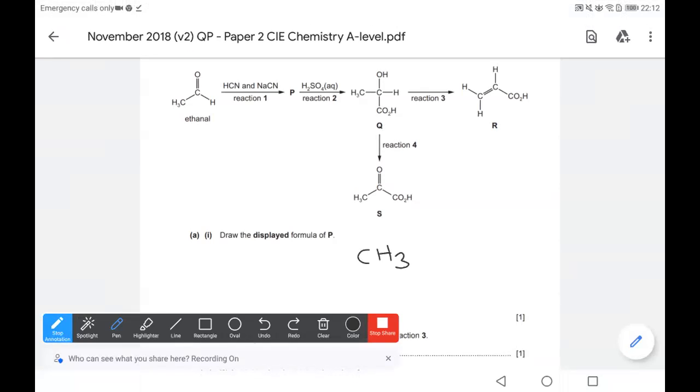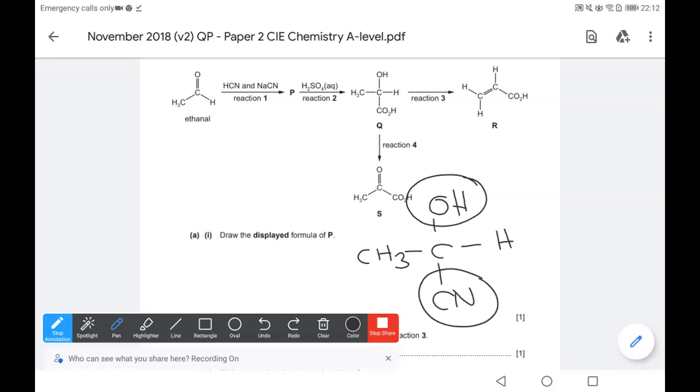The OH group is there and the cyanide group is also there. Two functional groups in one step. That's simple. Yes, that's the product, that's P.